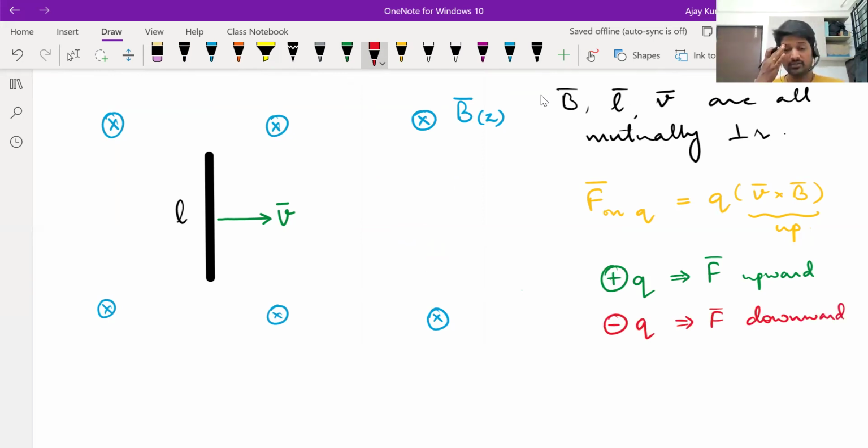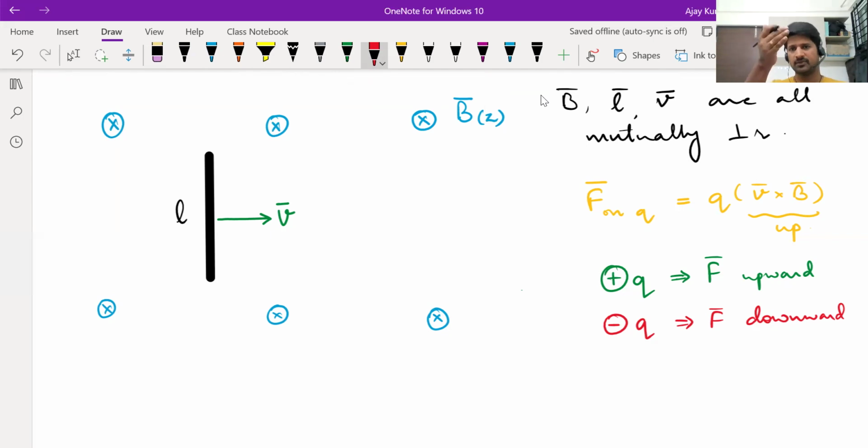Protons are positively charged, so they experience a force upward. Electrons are negatively charged, so they experience a force downward. The magnitude of charge on proton and electron is the same, so the net charge on this conductor is zero and the net force on this conductor is also zero.